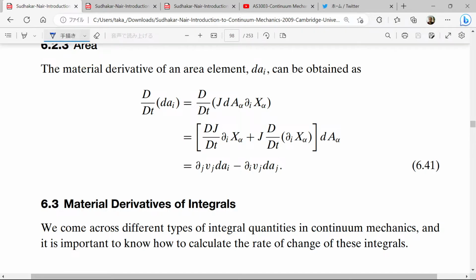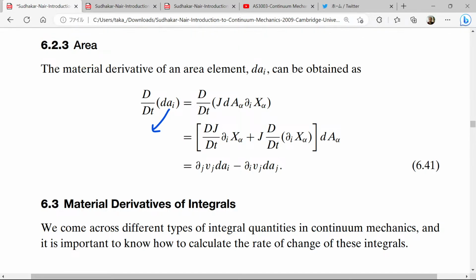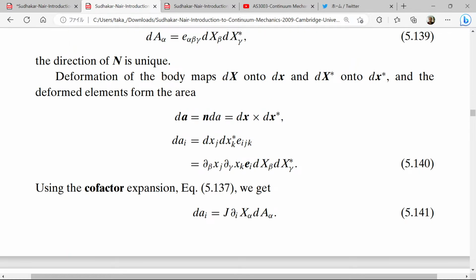This dA is epsilon ijk dxi dxj. Am I correct? I'm sorry. This is like here.